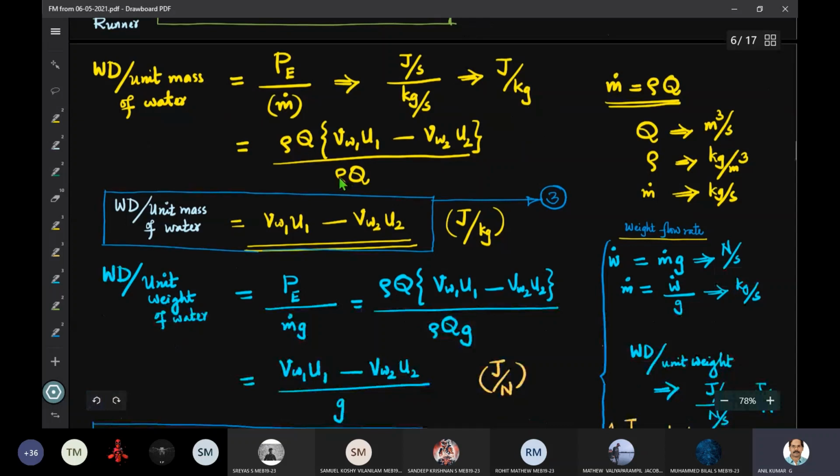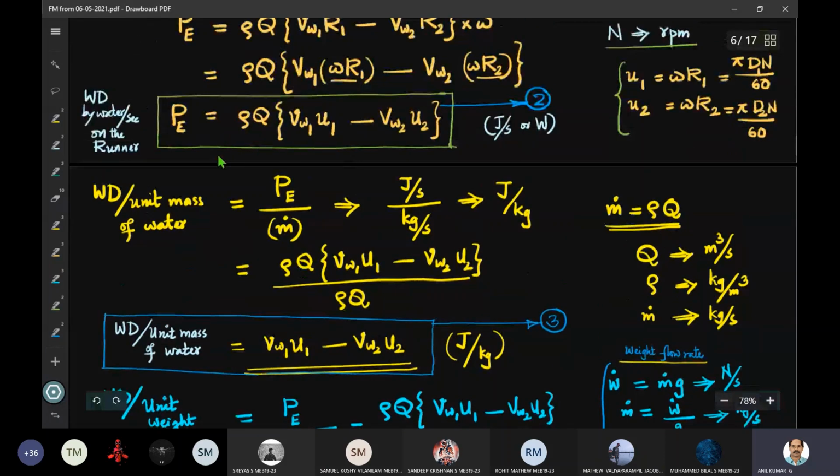Now, for solving numerical problems, if the discharge is not available, very often we try to find the work done per unit mass of fluid striking, that is, work done per unit mass of water in the context of hydraulic machines. How do you find that?